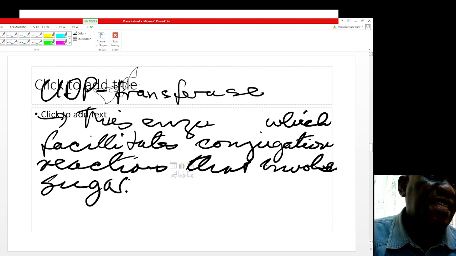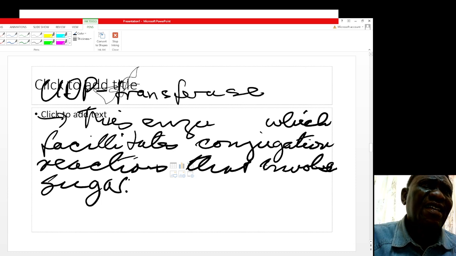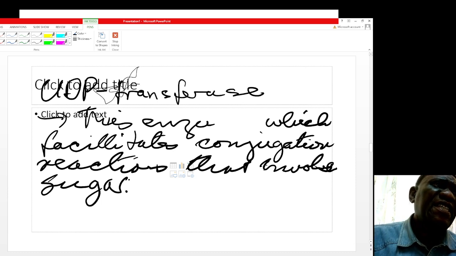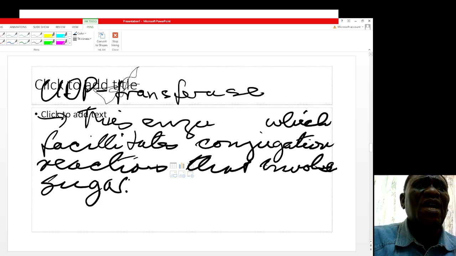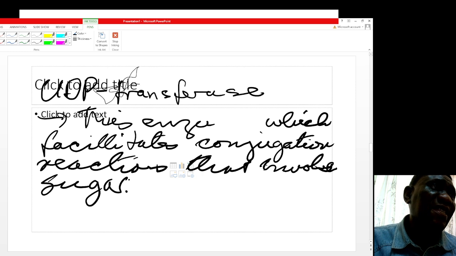So the key points: UDPG will donate the sugar which is used by plants in the conjugation reactions, and they will require the UDP transferase enzyme which facilitates these processes.